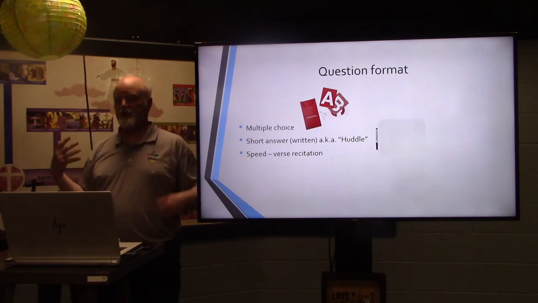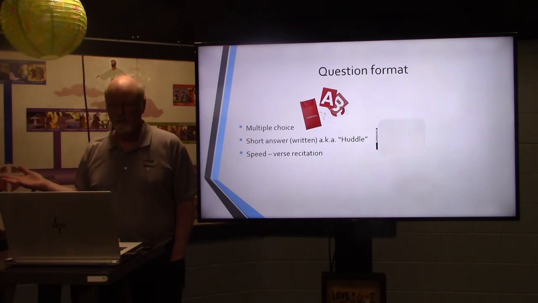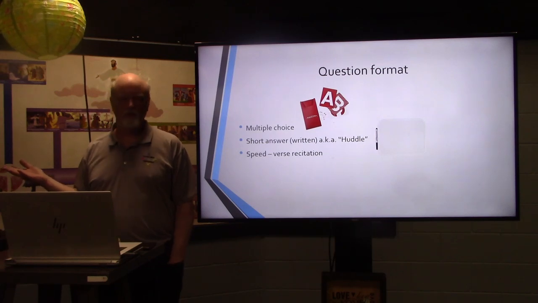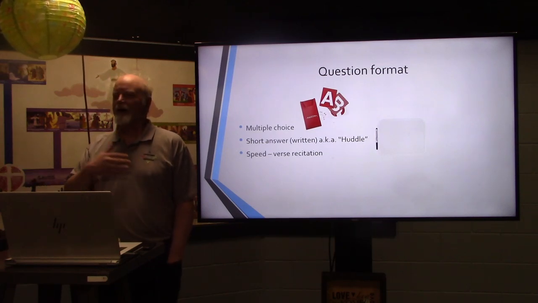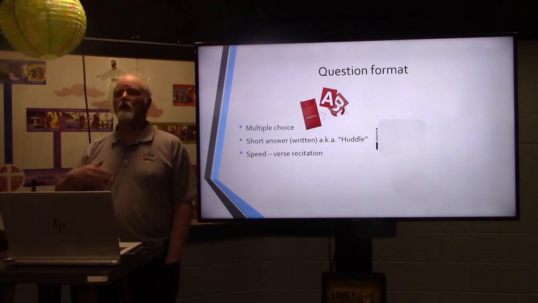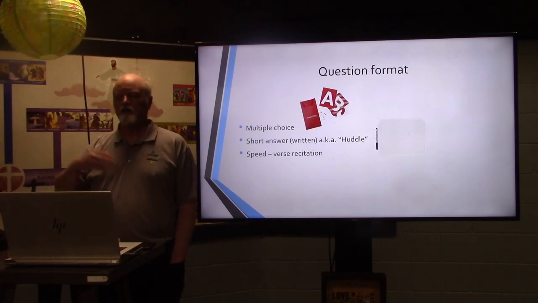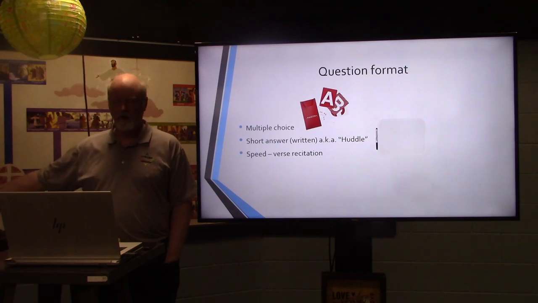It won't be something abstract like, give the reference and recite the memory verse from Unit 2.3. It will be more conceptual, like, from the lesson that teaches us such and such, or that proves that.